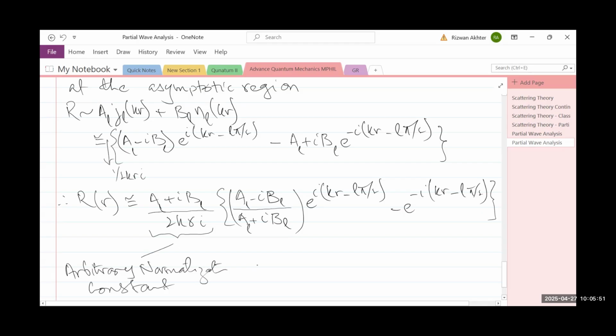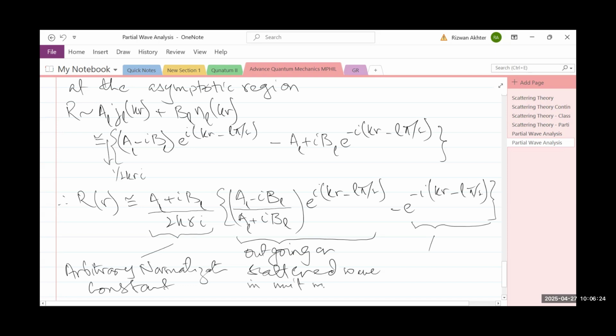Again, this is the outgoing or scattered wave, and this in fact is the incoming wave, in unit magnitude.